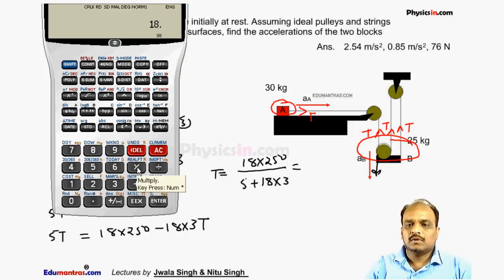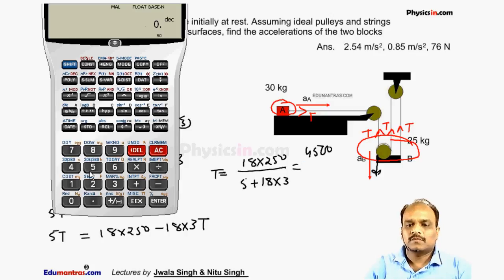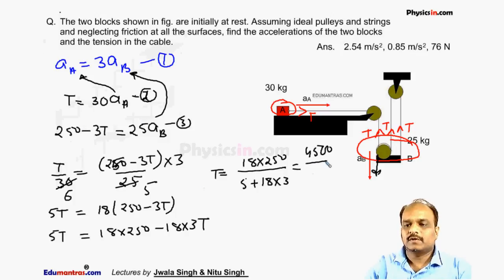which is equal to 4500 divided by (5 plus 18 into 3), that is 59.